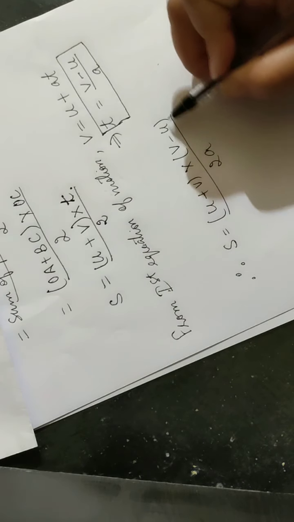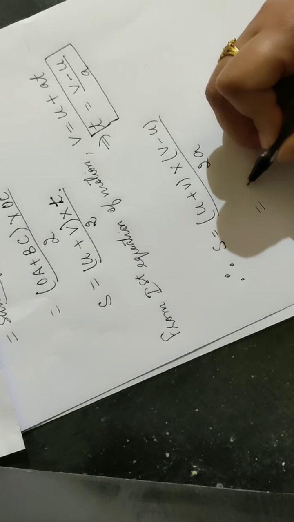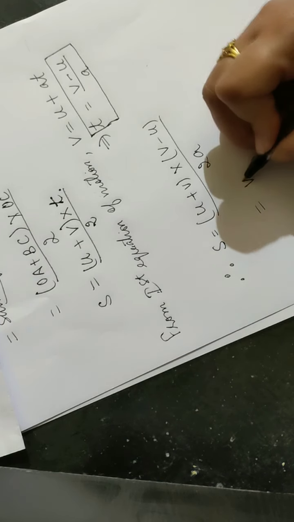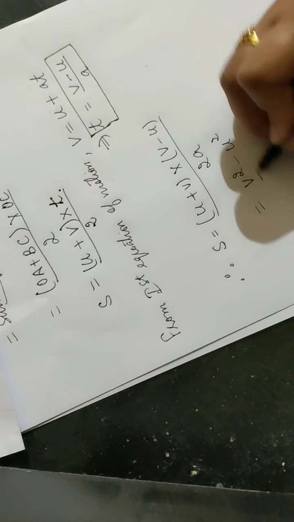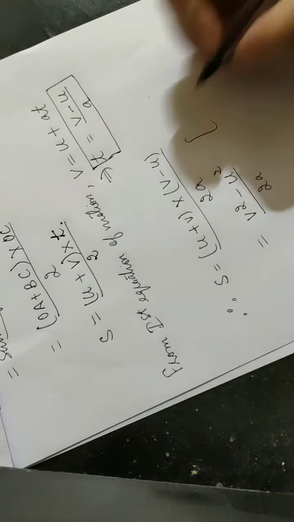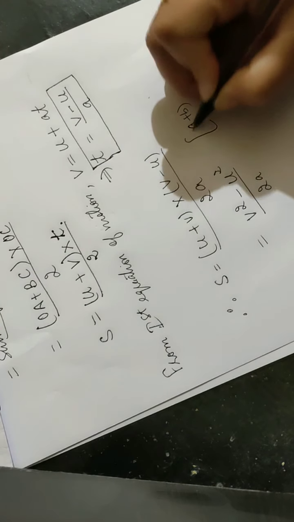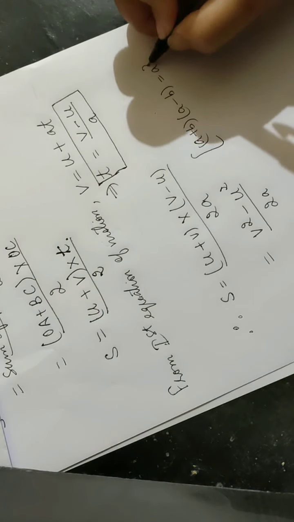Now, this seems to be an identity: A plus B into A minus B. What is it equal to? It is equal to V square minus U square upon 2A. You have to write here: A plus B into A minus B is equal to A square minus B square.